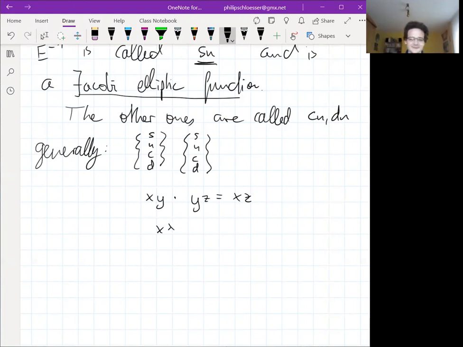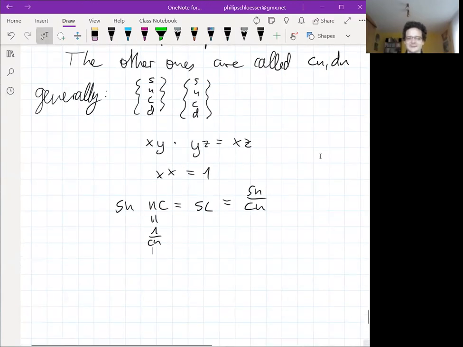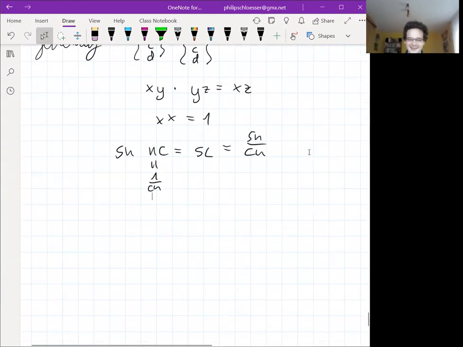And xx is equal to the constant 1 function. So what does that mean? Sn times nc is sc, which is equal to Sn over Cn, which, sure, because nc is equal to 1 over Cn. I don't know, it's a bit goofy. Doesn't really add much value, but it's funny.